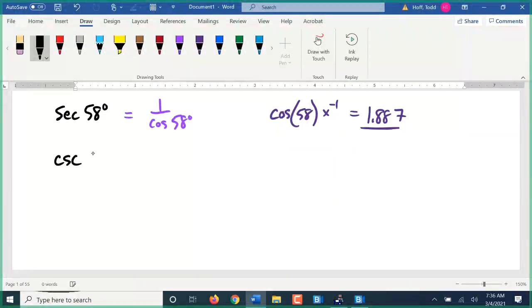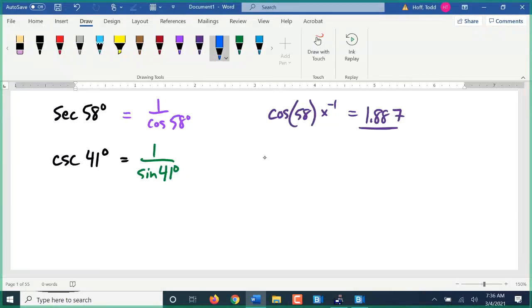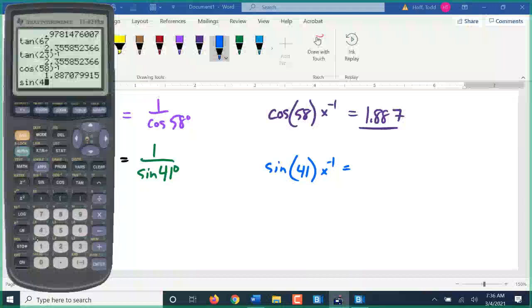Cosecant, let's say I want to find the cosecant of 41 degrees. Cosecant matches up with the sine. So the cosecant of 41 degrees is the reciprocal of the sine of 41 degrees. So we do the sine of 41. Again, we close our parentheses and hit the x-1. It gives us 1.524.